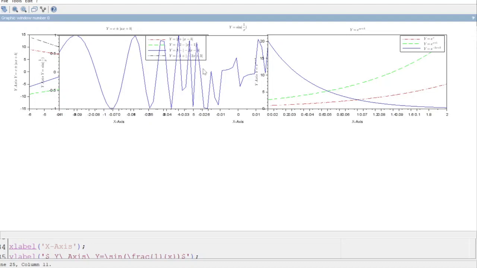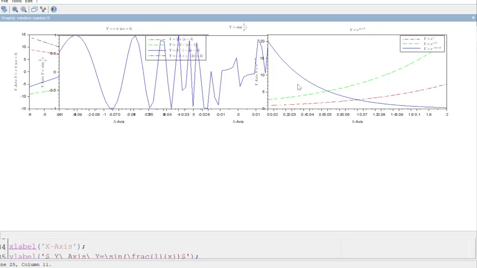So this graph falls behind, this graph comes outside, because this is y is equal to c plus minus mod of x plus b, which is our first graph we ran. Then the second we ran, y is equal to sine 1 upon x, so it is plotted over that. And then the third script we ran, y is equal to e to the power x plus b, so it is plotted over that one.